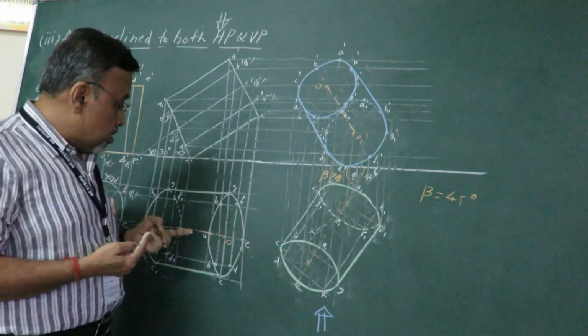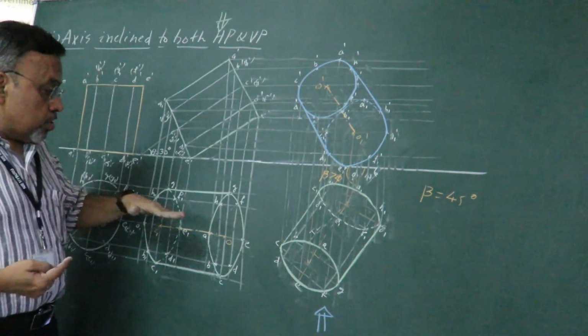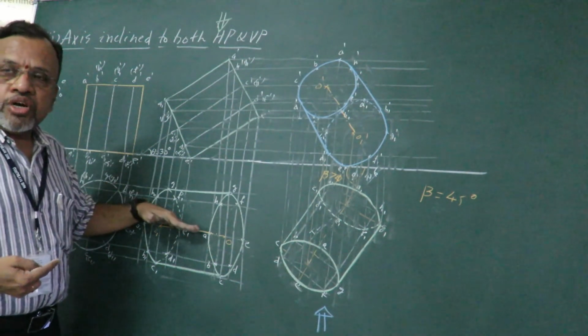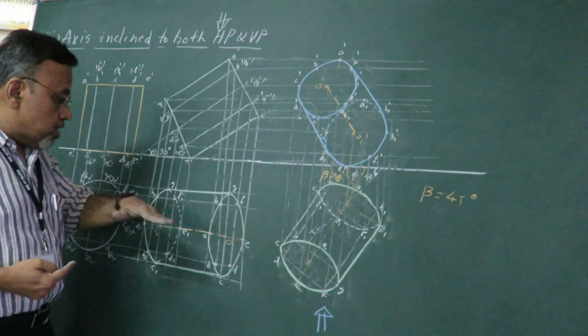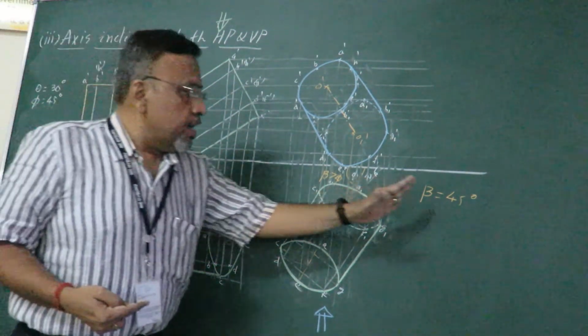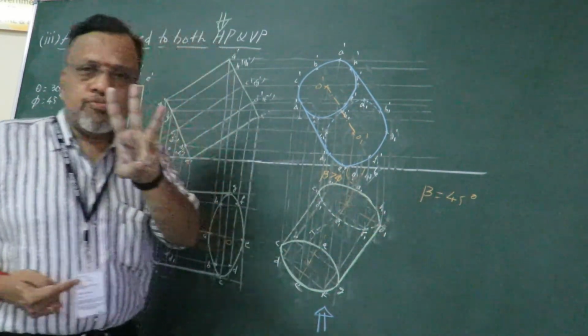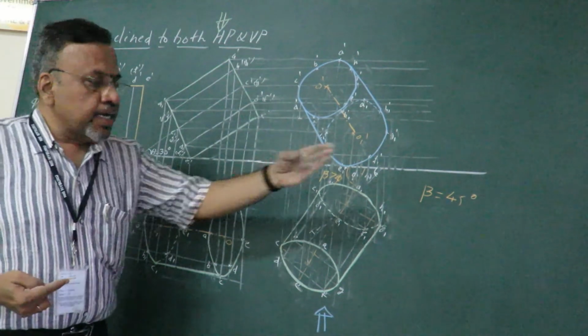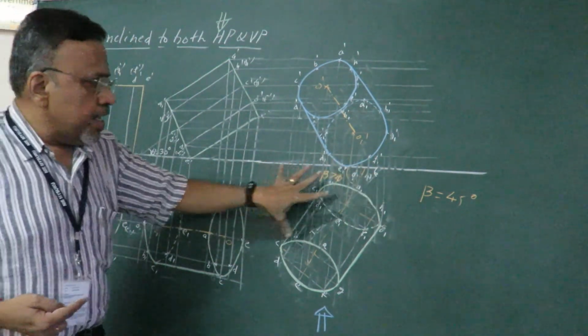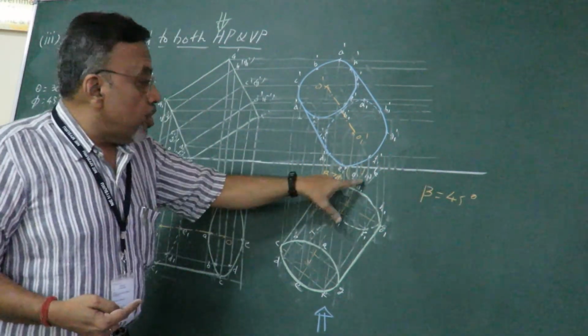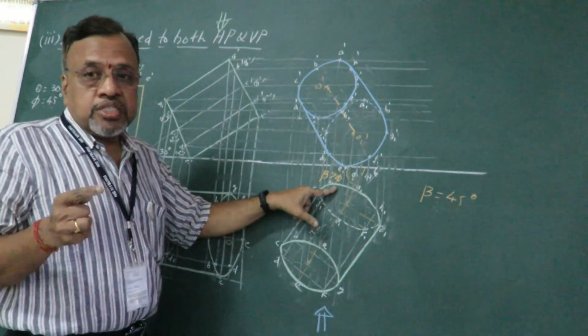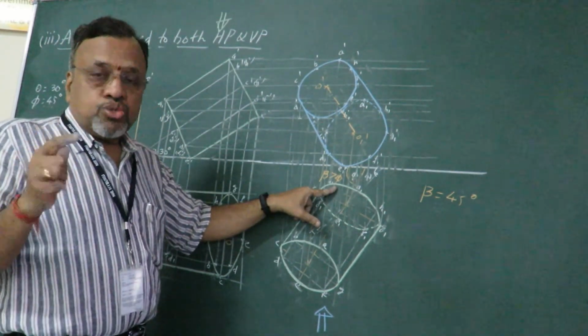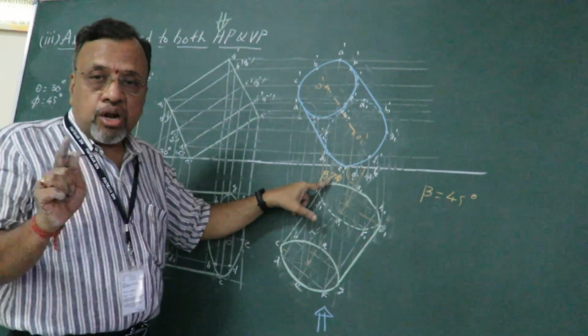Or I can also say a horizontal section, or a horizontal plane, is inclined at 45 degrees. So if I give those three statements, it means that the apparent angle is directly given to you. Since the apparent angle is directly given, you do not need to find this beta again. Remember, students have made it a practice to always find this beta, which is not required.